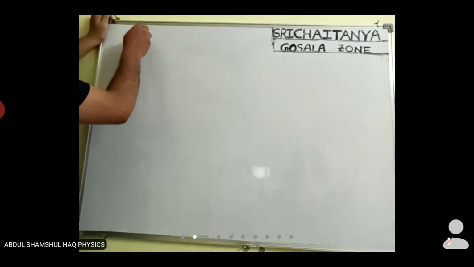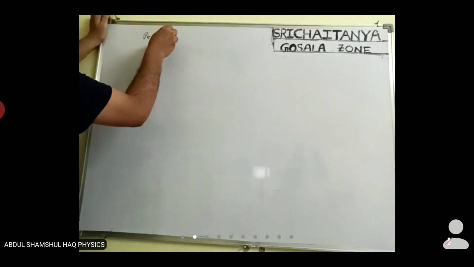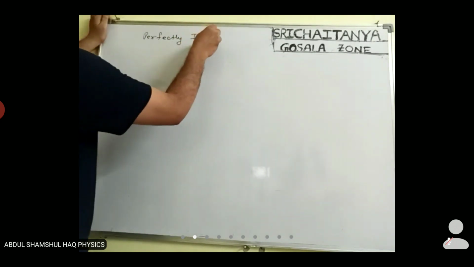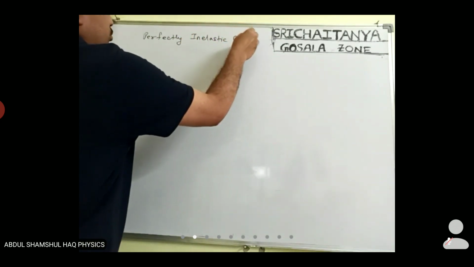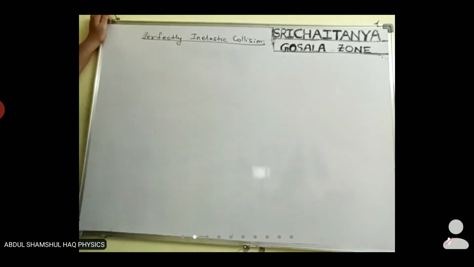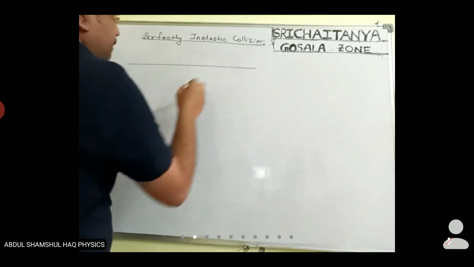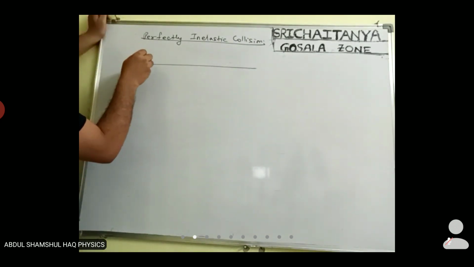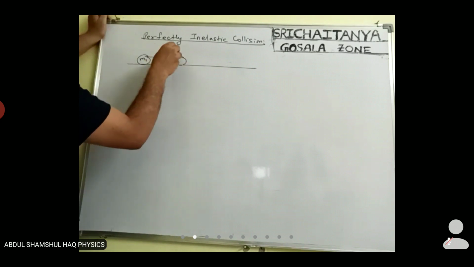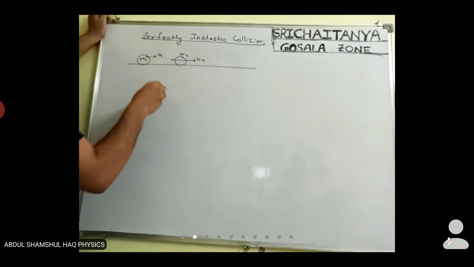Okay, students. Now we are going to discuss perfectly inelastic collision. In a perfectly inelastic collision, the body of mass M1 is moving with speed U1 and the other body of mass M2 is moving with speed U2.